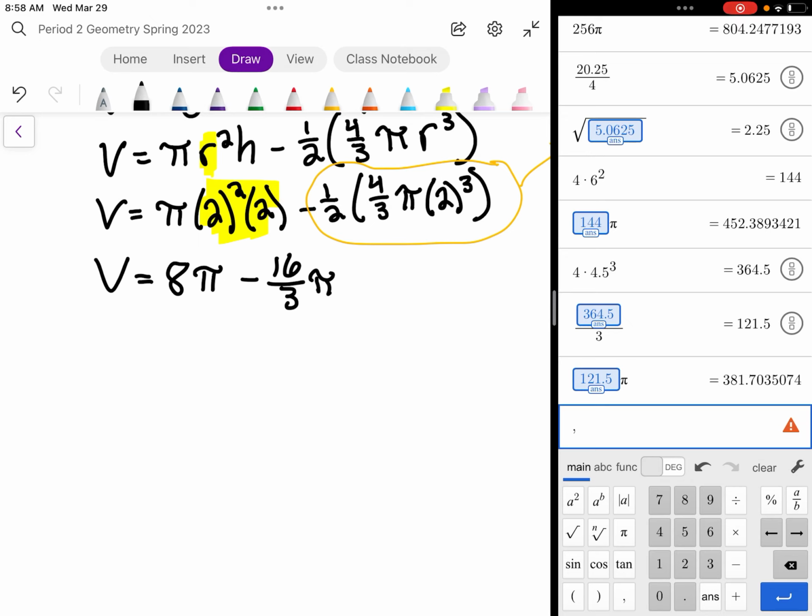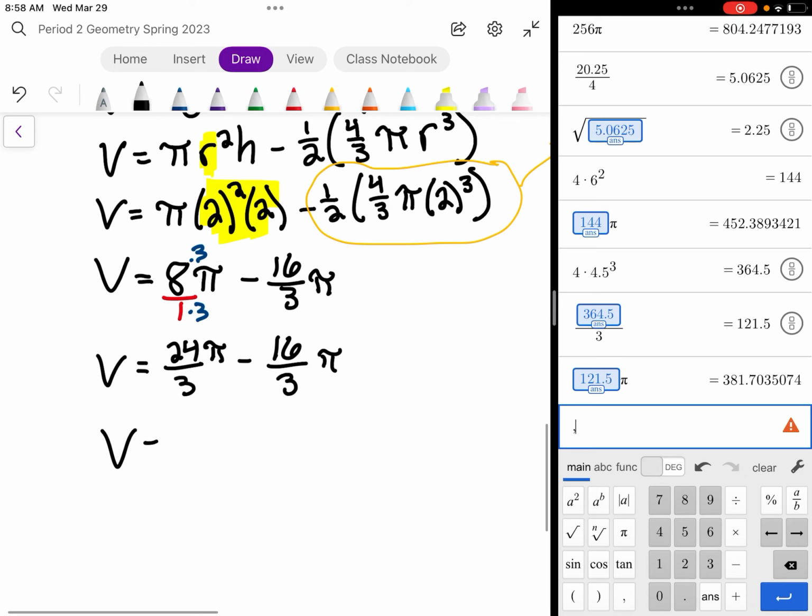Okay, so then we have 16/3 pi that we're subtracting from 8 pi. And this is bringing back our common denominator. So before we subtract, we need a common denominator. So we're going to multiply both of these by 3 to get 24 pi over 3 minus 16 pi over 3.